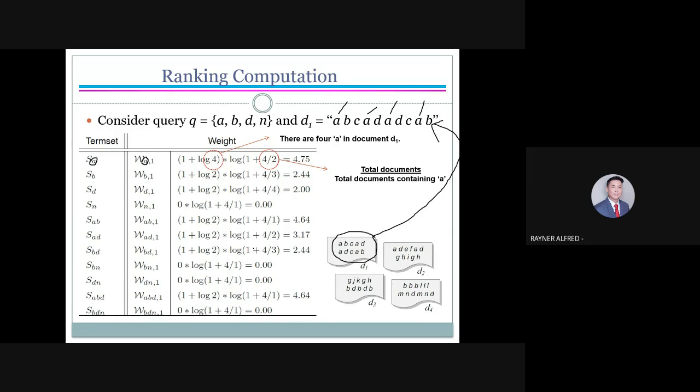And this refers to the number of documents. We have 4 of them here. And the 2 refers to how many documents contain A. So we have 1 and 2. Then we get this value. Remember that this is log base 2, and this is also log base 2.